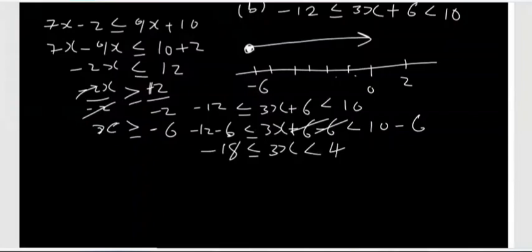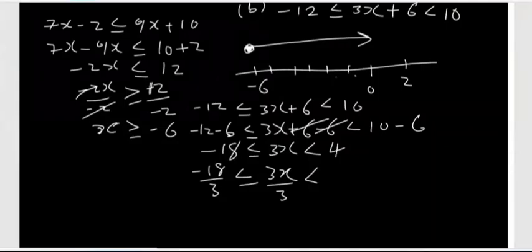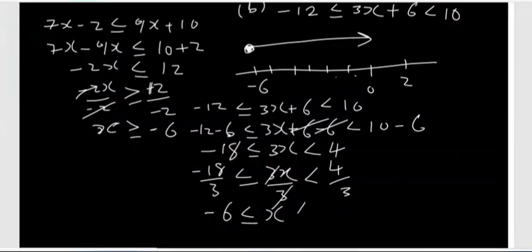Minus 18 divided by 3 is less than or equal to 3x divided by 3, which is less than 4 divided by 3. So we have minus 6 is less than or equal to x, less than 4 over 3.